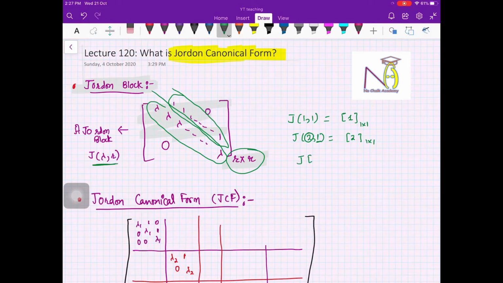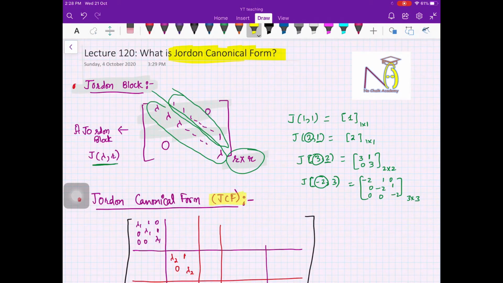Or if you write J32, it means that this is a 2 cross 2 matrix, and 3 is on the diagonal, and on the super diagonal you have 1. If you write J minus 2 comma 3, it means that you have a 3 cross 3 matrix having minus 2 entries on the diagonal, 1 on the super diagonal, and 0 everywhere else. So this is how a Jordan block is formed.